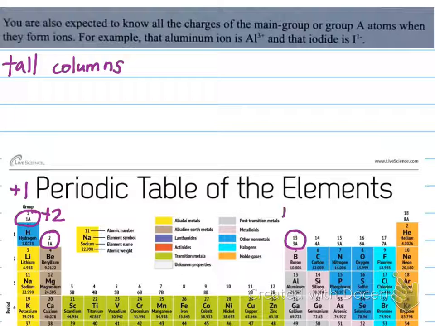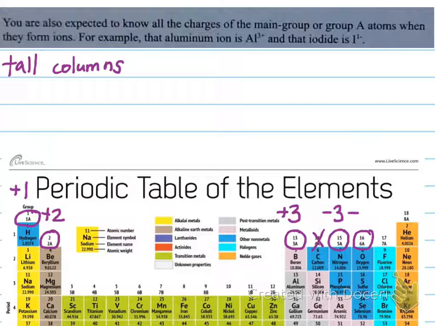Group 3A always has a charge of +3 because again they have 3 valence electrons and it's easier to lose those 3 than it is to gain 5. Typically, group 4A doesn't form ionic compounds. Group 5A, okay, remember they have a charge of -3 because they have 5 valence electrons, and it's easier to gain 3 than it is to lose 5.